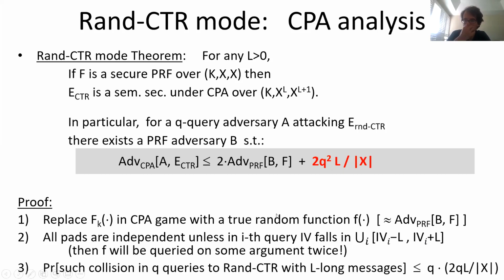You can see, say there was no collision yet. So the total size of this is 2L times Q. And so the probability that the new one falls into something like this is 2QL divided by the size. That's true for Q equal 1, Q equal 2, Q equal 3, Q equal 4, right?